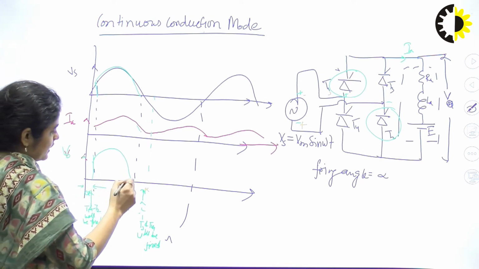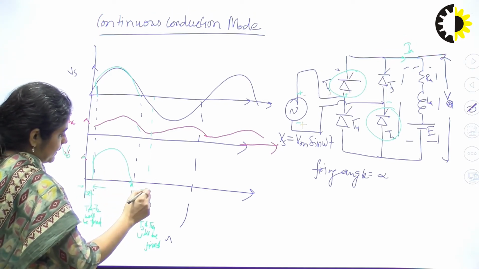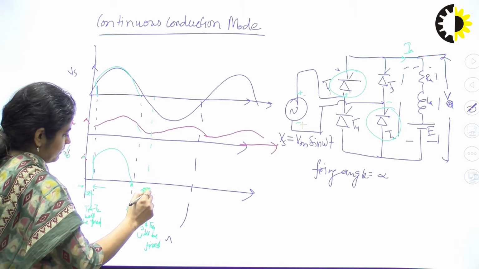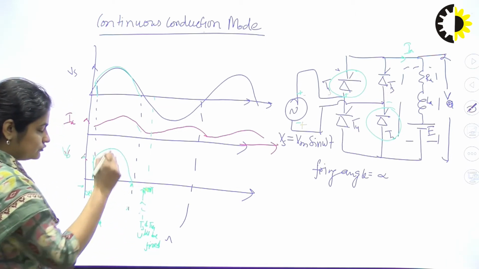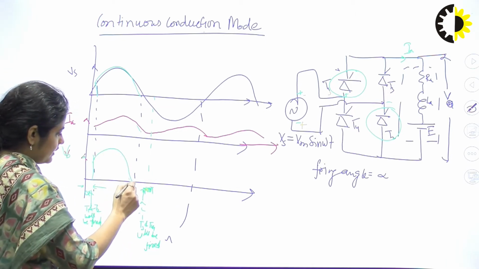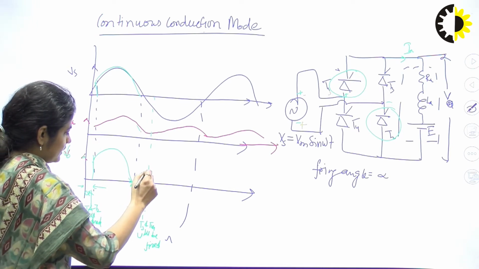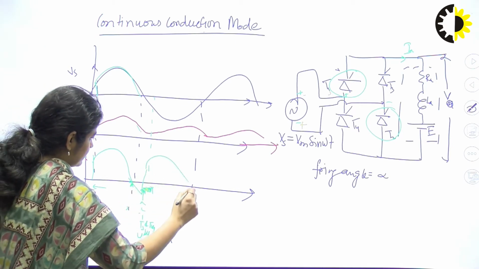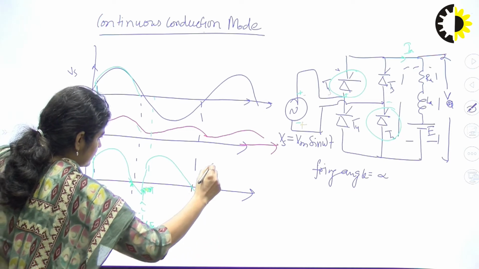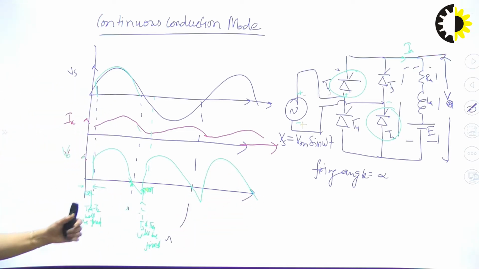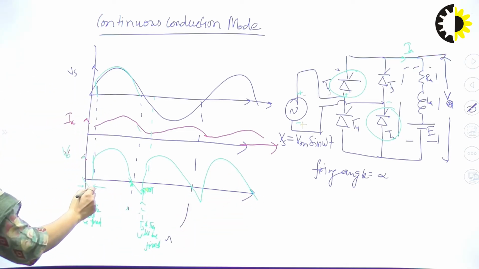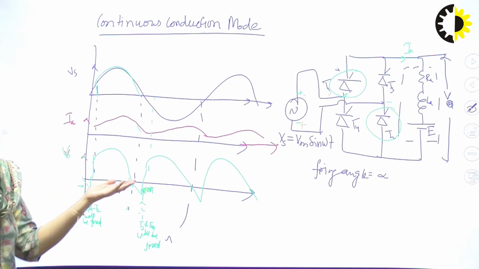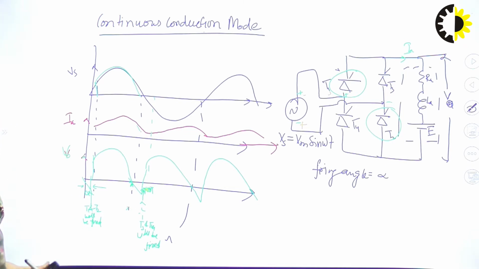Till pi plus alpha you keep getting the voltage, and then T3 and T4 are fired. Like that you get this. So in continuous mode of operation, V0 is obtained this way, right?